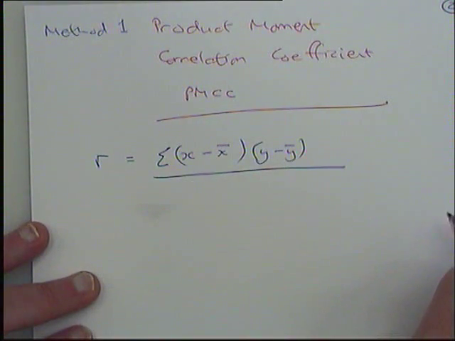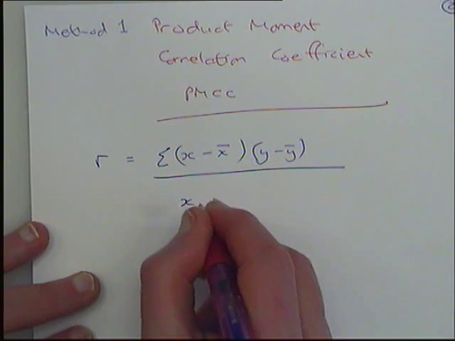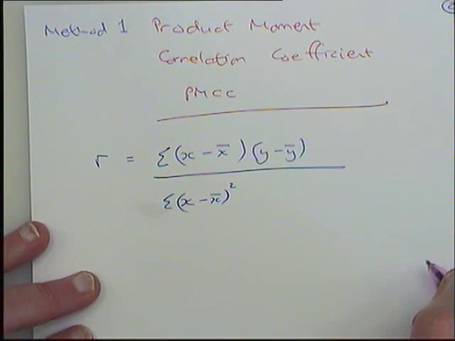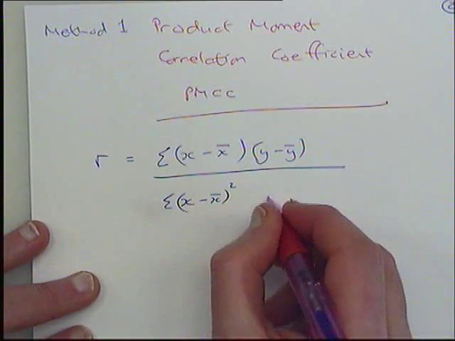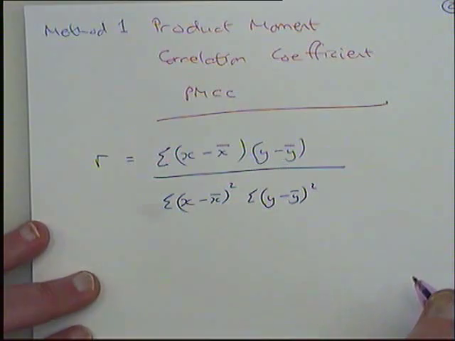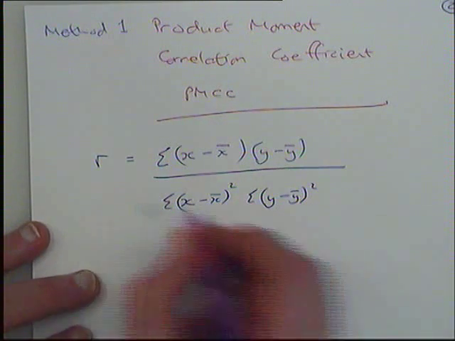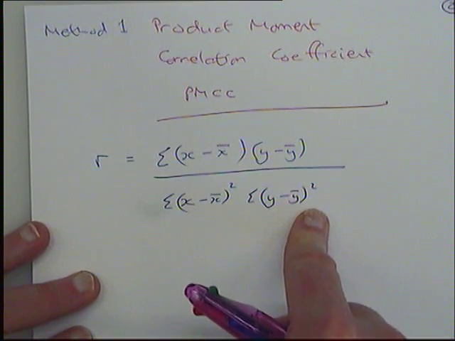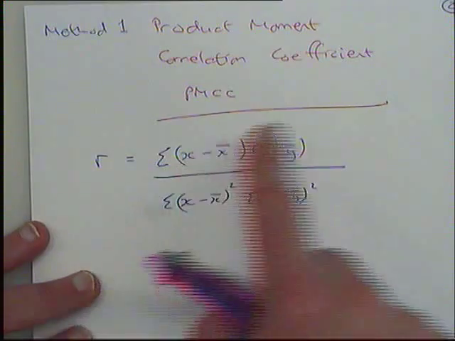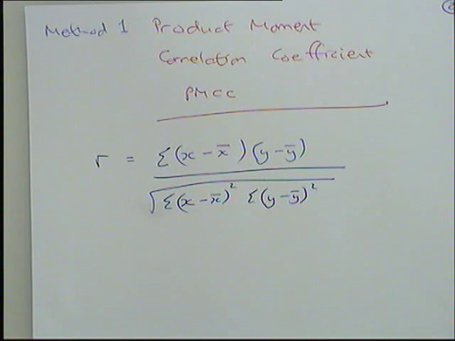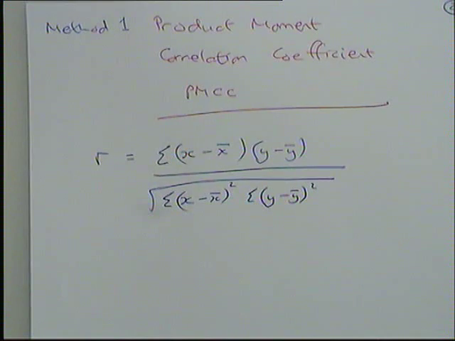And you divide that by every x value, take away its mean, squared and added up, times by every y value, take away its mean, squared and added up. On the bottom, we've got something squared times something squared, which will give you something to the power of 4. On the top we've got something times something, which is like squared. We square root the bottom to bring it back down. And that is the product moment correlation coefficient.